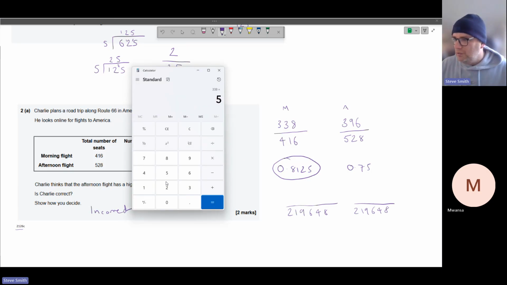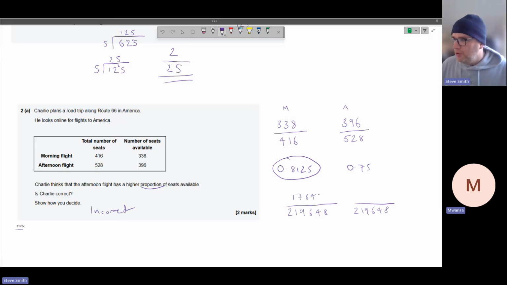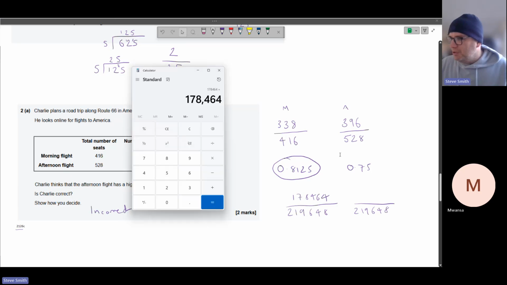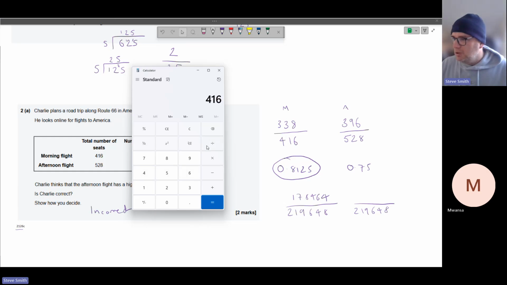338 times 528 equals 178,464. We times that one by 416, so we need to times the top one by 416. 416 times 396 equals 164,736.